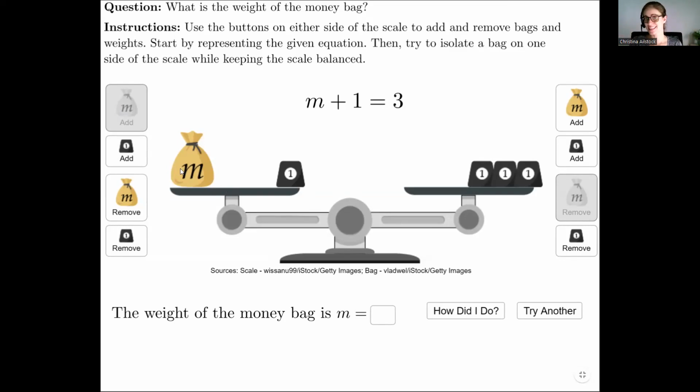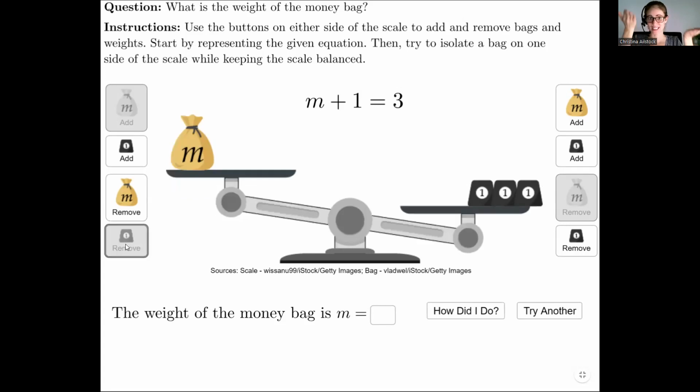But if we're trying to get that m by itself, well, in order to get that m by itself, we need to take this 1 extra weight away. We need to subtract that 1. Well, if we subtract it, we're now no longer balanced.